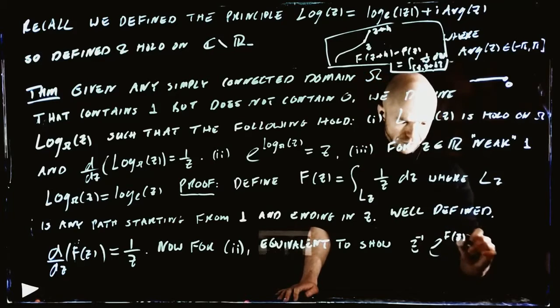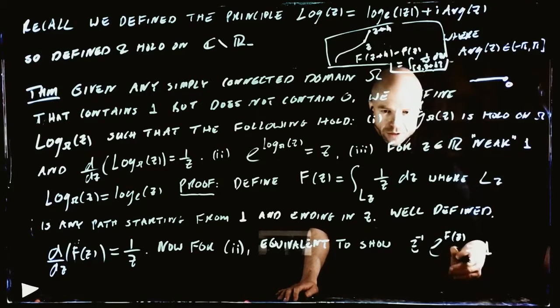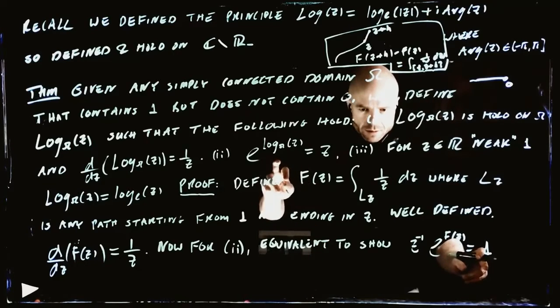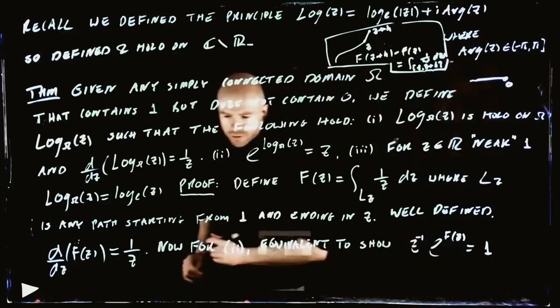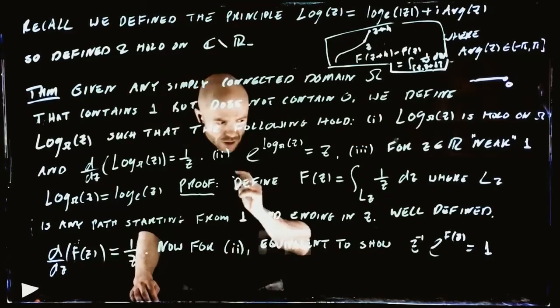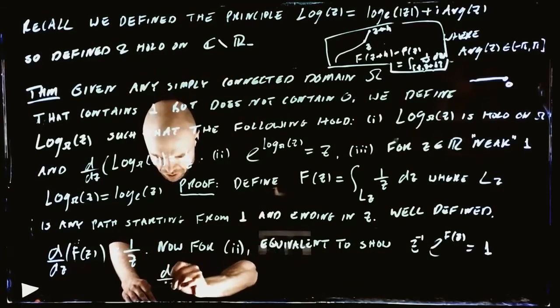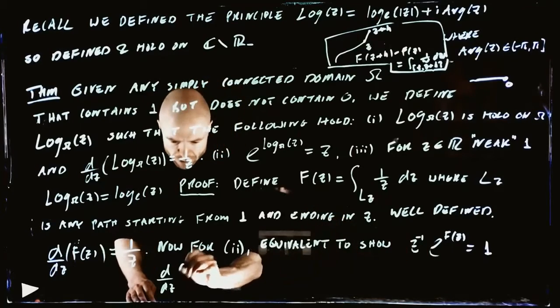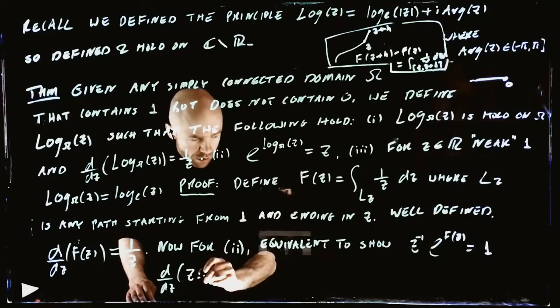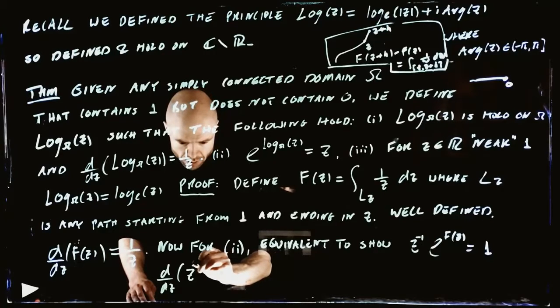Capital F of z is equal to what? If we can show that, then that's the same as this. Right, so we're going to show that by differentiation. So first thing we're going to do is show that when we differentiate this expression here, it's going to be a constant. So look at this. So we do this thing.